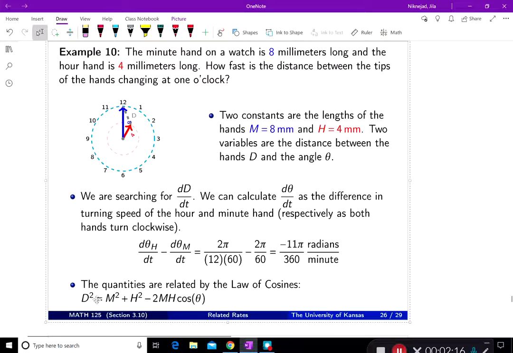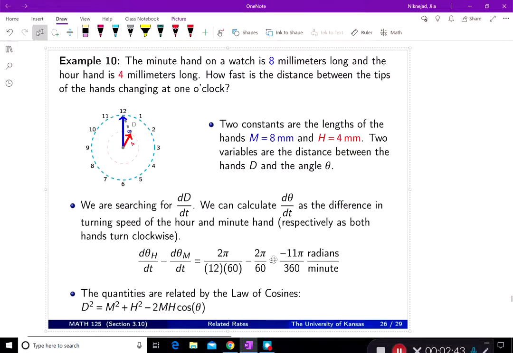So d squared is equal to m squared, which is 8 to the power 2, plus h squared, which is 4 to the power 2, minus 2 times m times h times cosine theta, m and h being 8 and 4. And so a bunch of constants, and there's a cosine theta and d squared.